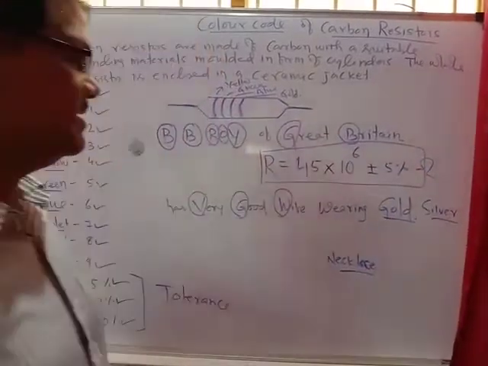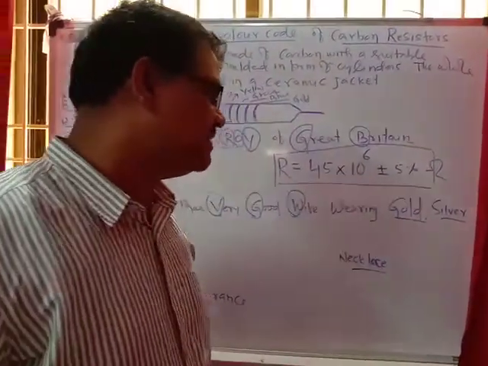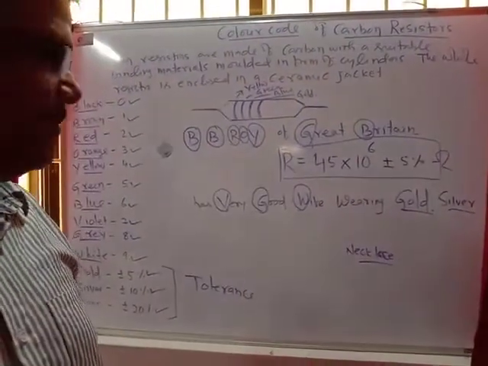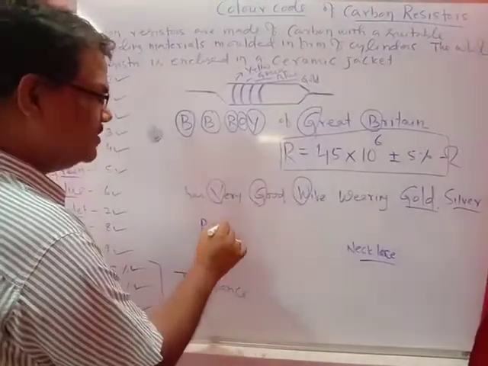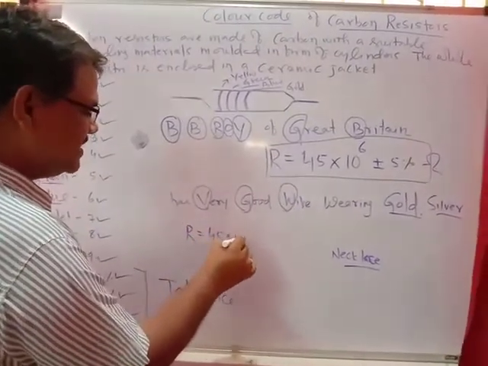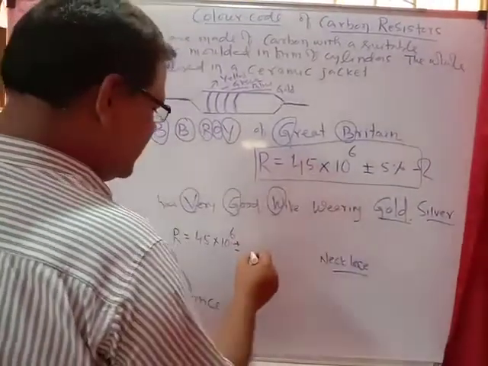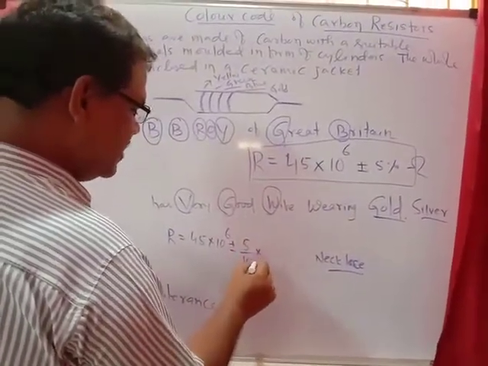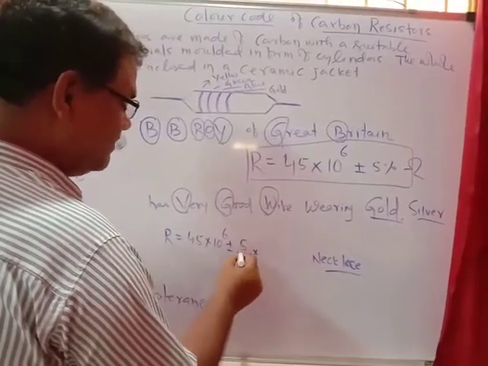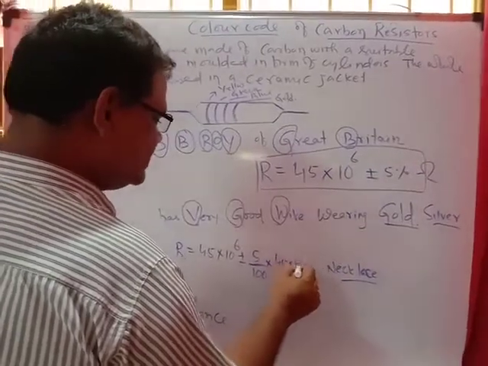That is the resistance. We can also write it in this manner: R equals 45 into 10 to the power 6, plus or minus 5% of this value. 5% means 5 by 100, multiplied with 45 into 10 to the power 6.